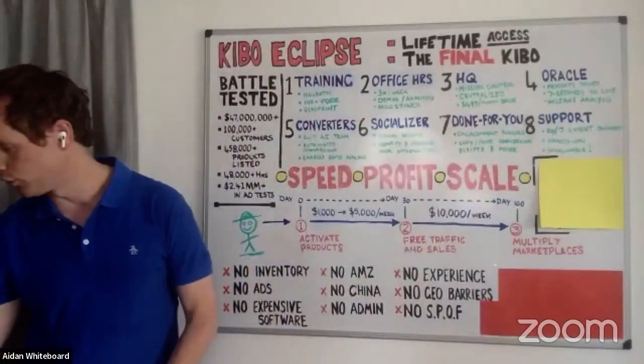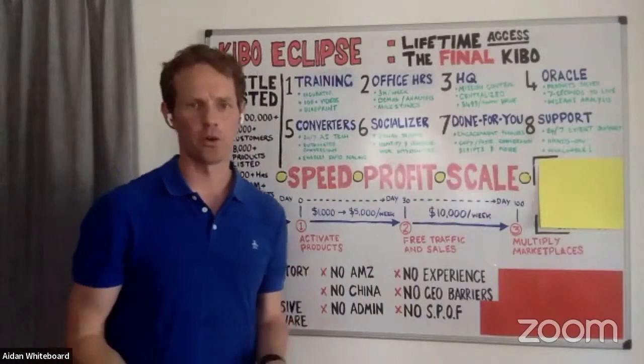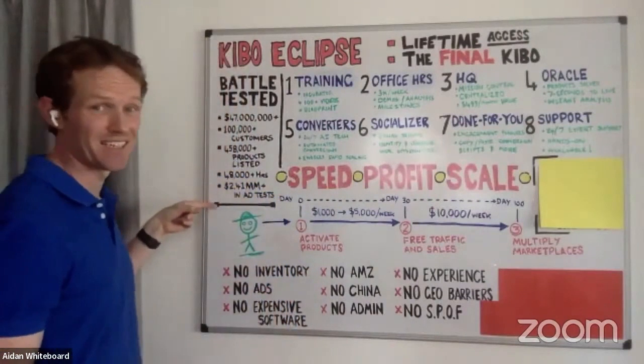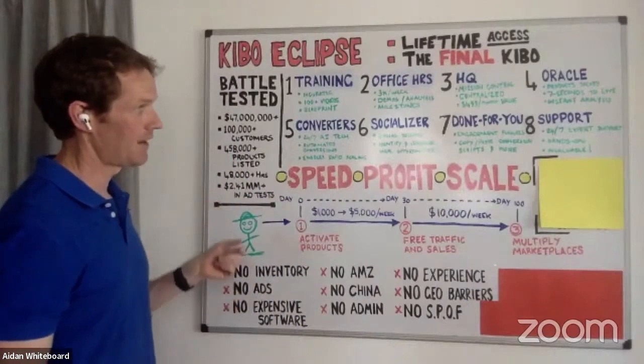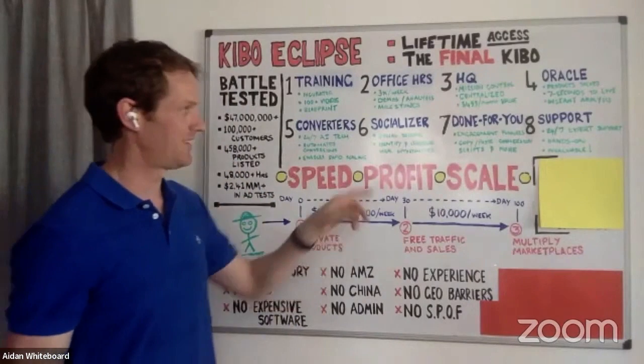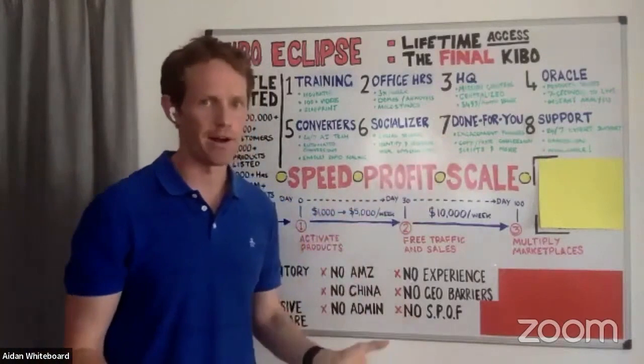Now, the next couple of components, and these ones are really important as well. Number 7 is done for you items. So what we've got here, we've tried to do a lot of the heavy lifting. And I mentioned earlier that we spent $2.41 million in testing different ads. And a lot of that money was spent to test out engagement funnels and different conversion funnels.